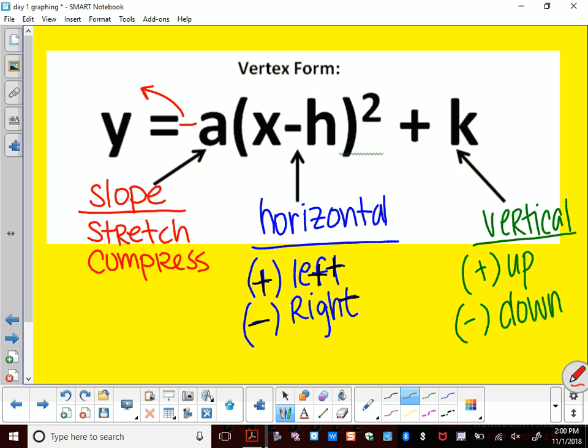Starts with an R or an F. Reflect. Yes. If it's a negative, you reflect or you flip. Any questions here?